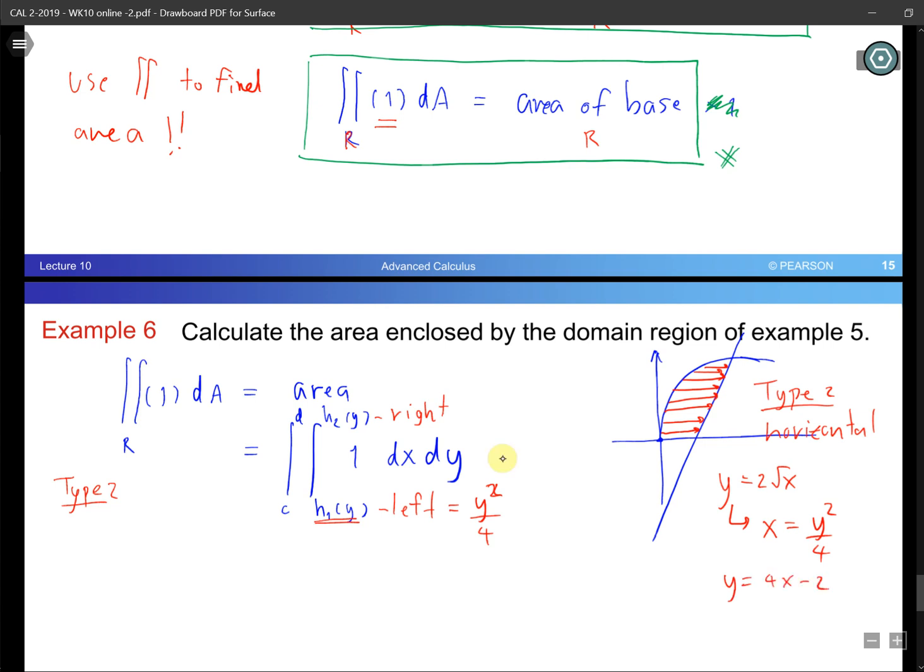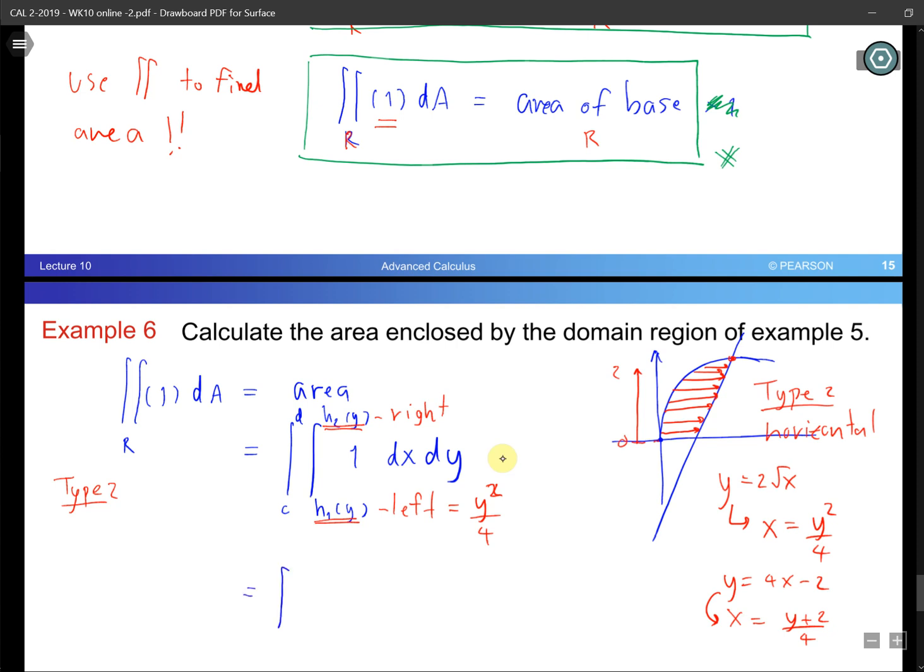For h2(y), it is supposed to be expressed in terms of y, so we need to switch things. This becomes x equal to (y plus 2) over 4. And from the range that we found from the intersection, the y value ranges from 0 to 2.